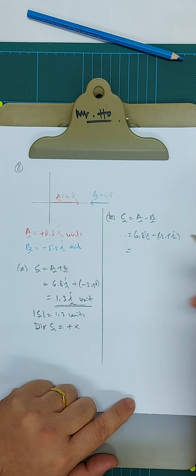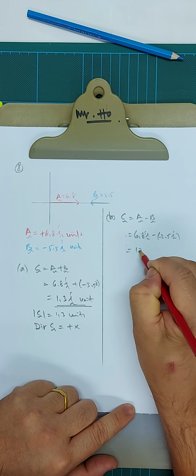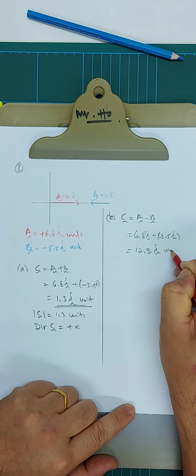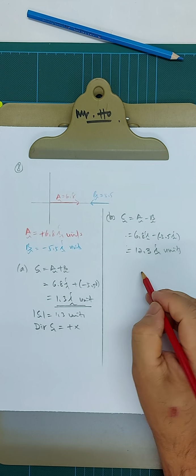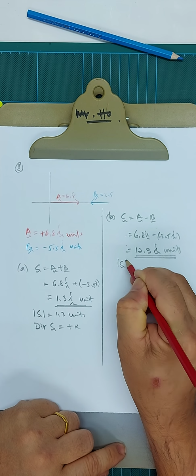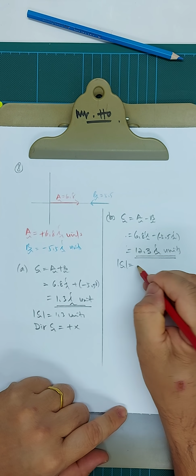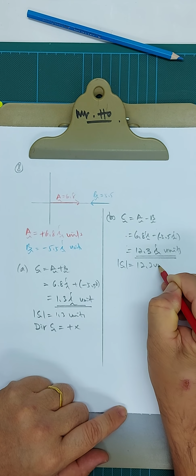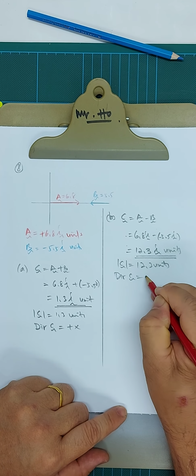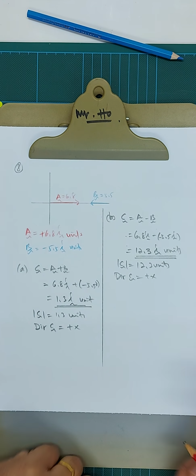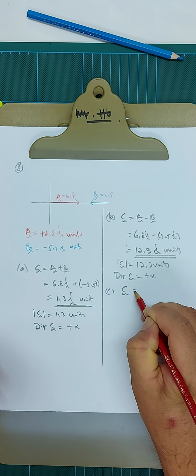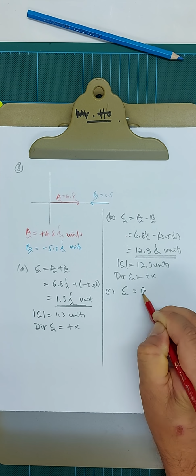Minus means plus, so we have 12.3 i units. The magnitude is 12.3 units, and the direction of C is positive x again.